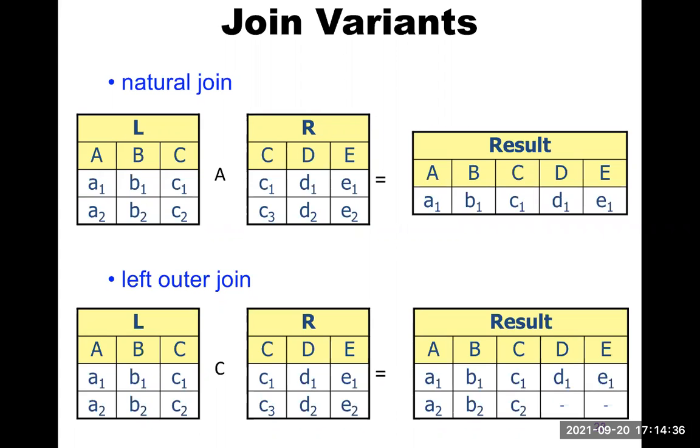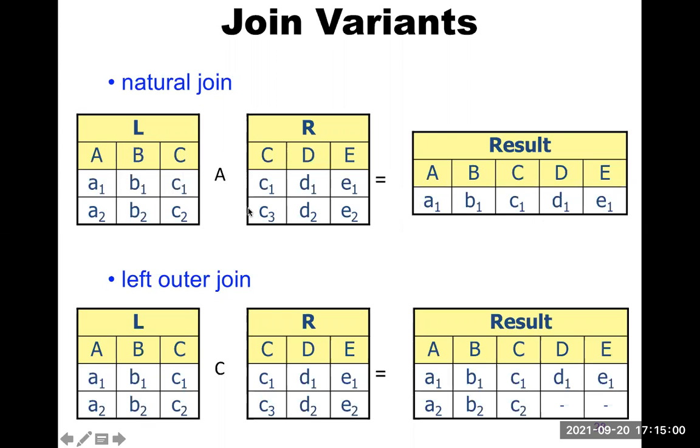So natural join for tables ABC and CDE of this data. Let's check which columns are common. Only C. A, B are here, D, E are there, and column C is shared. So let's compare C1 here, C1 here. So the result consists of A1, B1, C1, D1, E1.